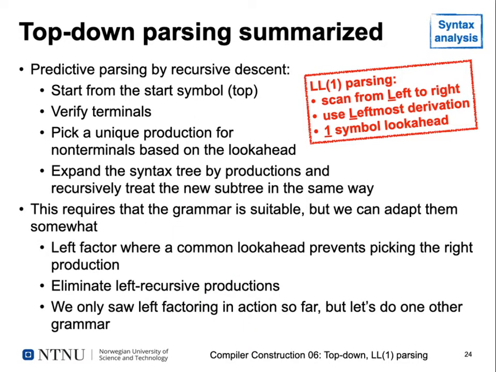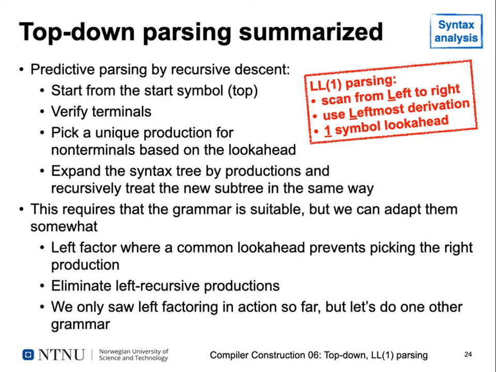So to summarize top-down parsing, we do some sort of predictive parsing by recursive descent. We start from the start symbol, which forms the top of our derivation tree. Then if we have a terminal symbol, we verify that it matches the input. And then we try to pick a unique production for non-terminals based on the look-ahead.